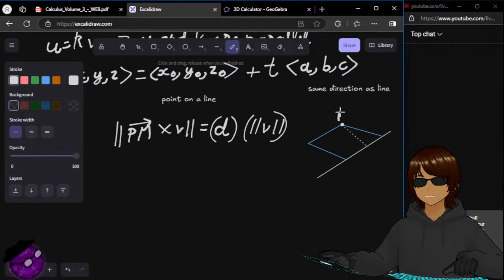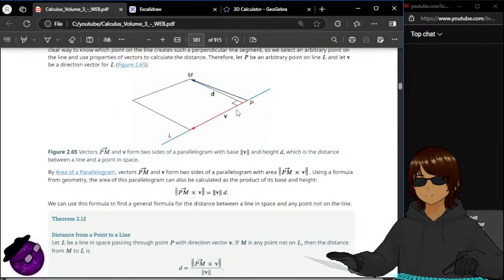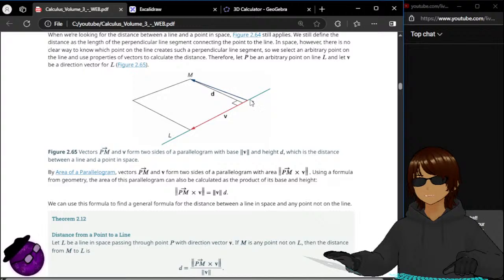And then this is point M. This is P. And this is D. This is 90 degrees. And V points here. Vector V, point P.